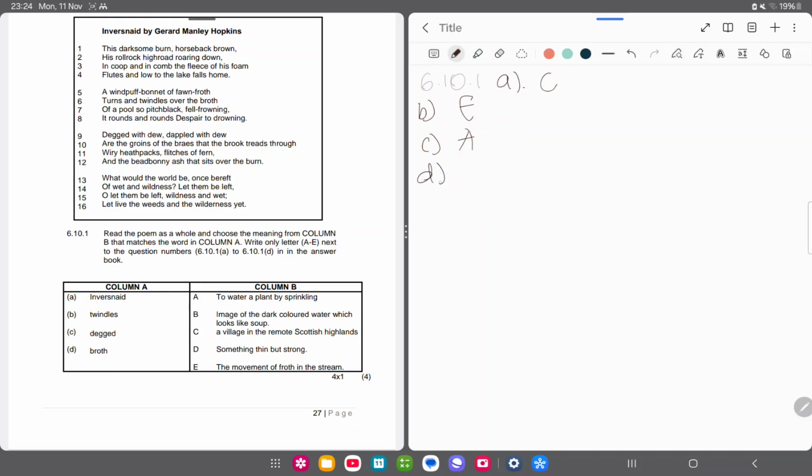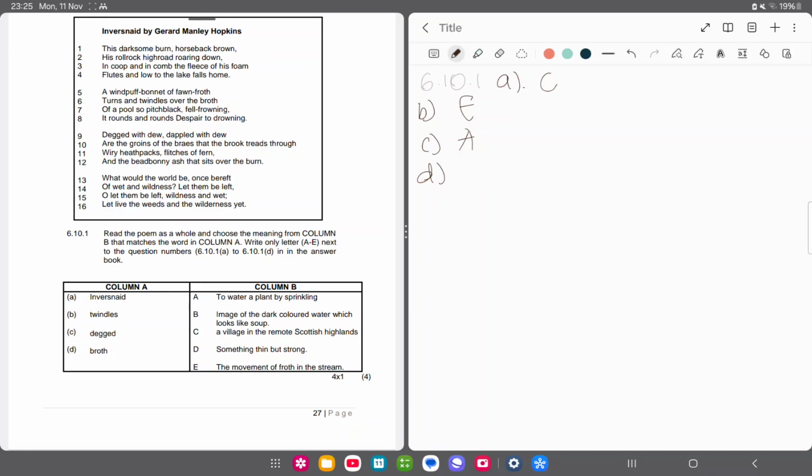And then we have D. D says broth. Well, if you sometimes cook, or you're a chef, or you know your way around the kitchen, you would know what a broth means. Now, a broth is that soup that is produced in the stew that you'll be making, that includes water and, let's say, meat or vegetables and everything.